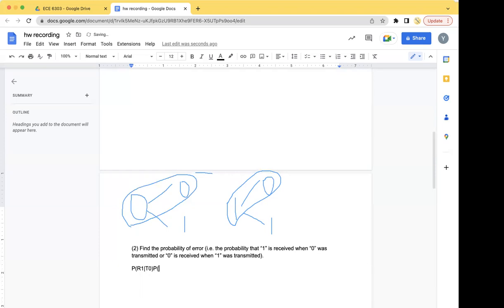P(R1|T0) times P(T0), plus P(R0|T1) times P(T1). Here the equation means when the 0 signal is transmitted, the R1 signal is received.